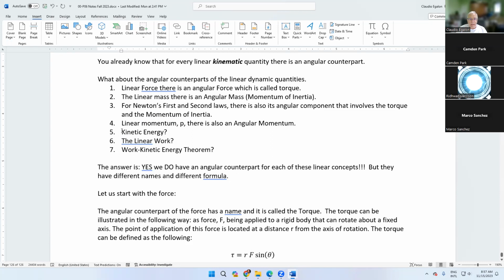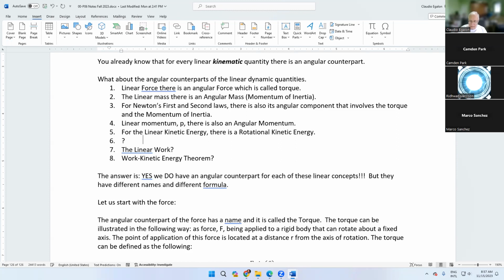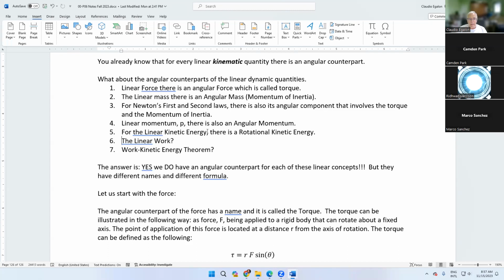For the linear kinetic energy, there is a rotational kinetic energy. For the linear work that we defined previously, there is also what we can call an angular work, and I'm going to cover all of that.